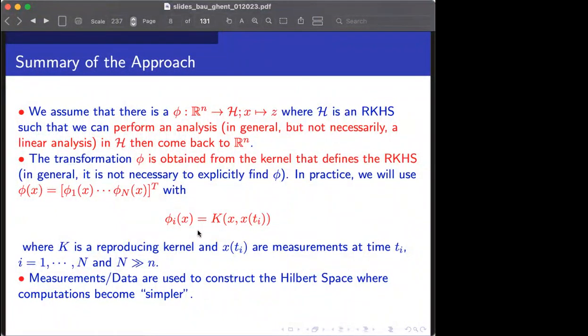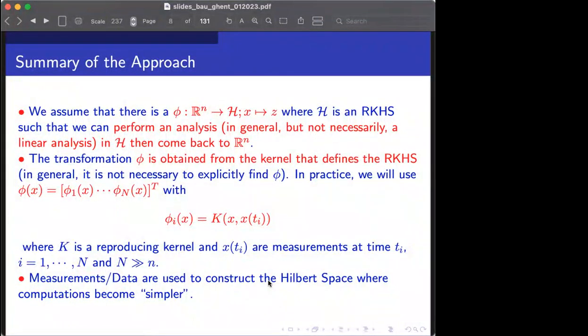To go from the ambient space Rn into H, one uses the second variable, x_i. So as I said, we are using data to construct a Hilbert space where computations become simpler.